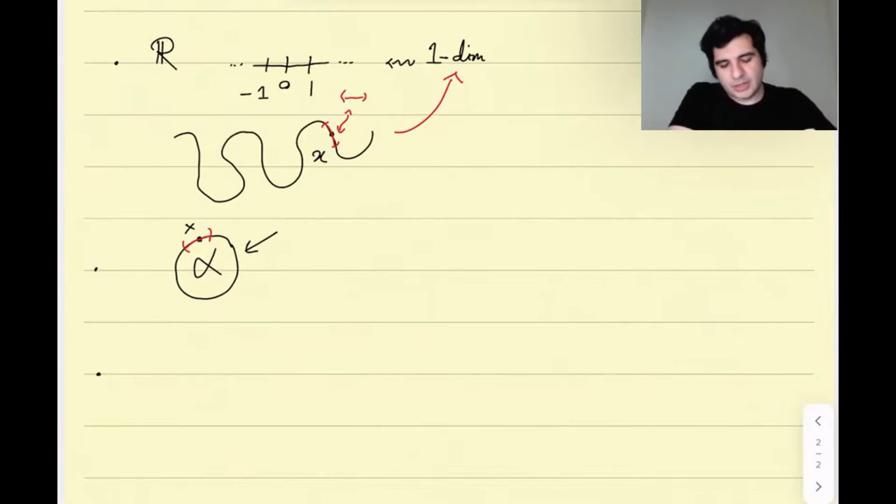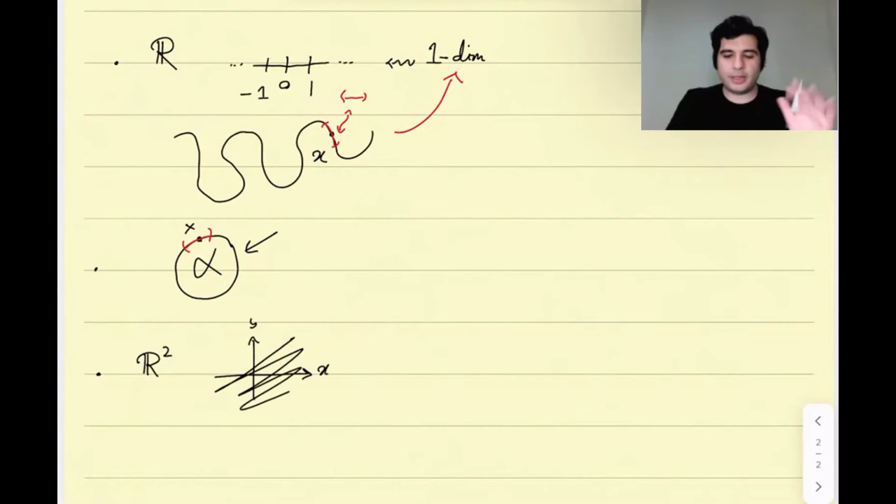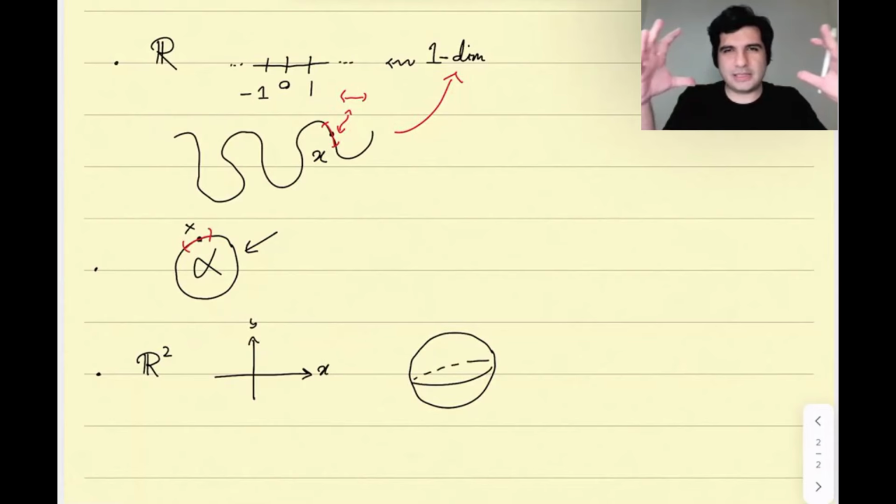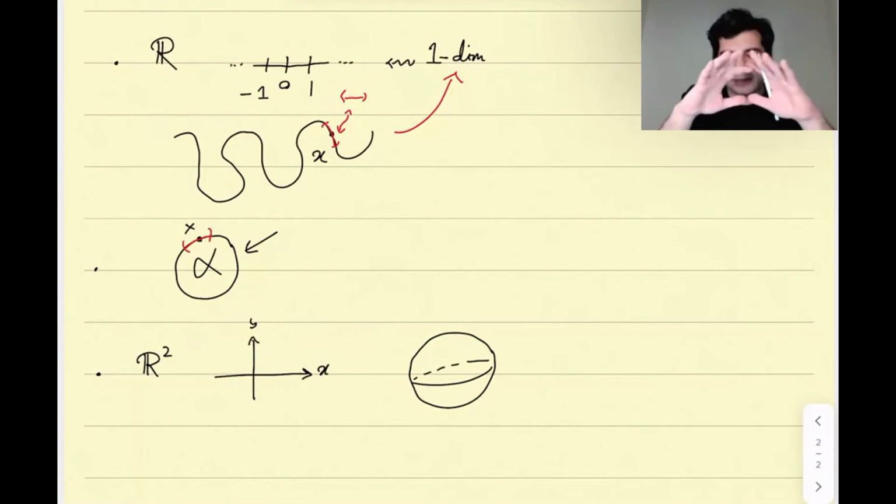What do we mean by two-dimensional objects? If we think about R2, the XY plane, the whole plane, we think about this as a two-dimensional object. If you think about the surface of the Earth or the surface of a ball, suppose it's empty, suppose there's nothing inside, the surface is a two-dimensional object.